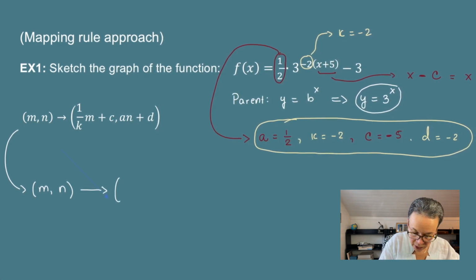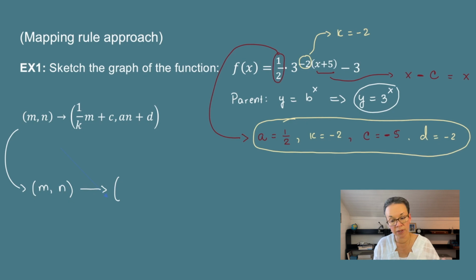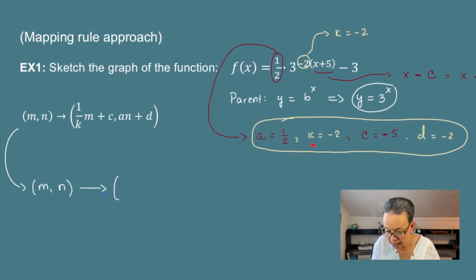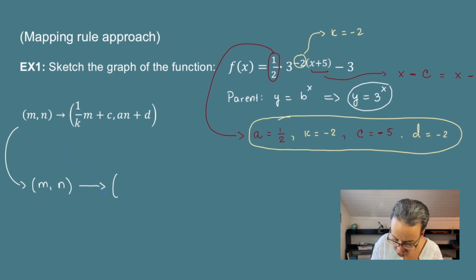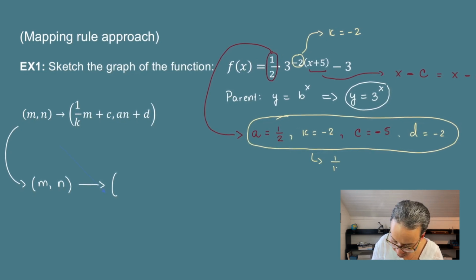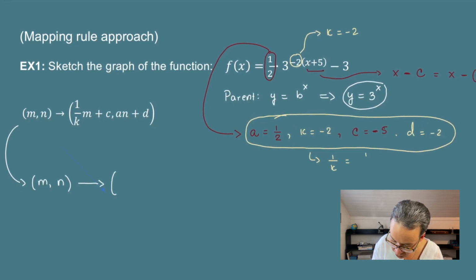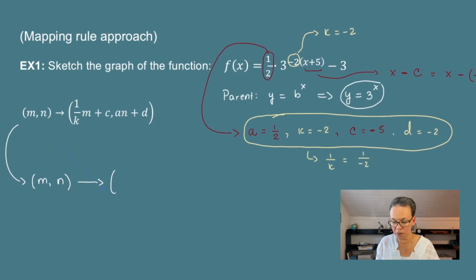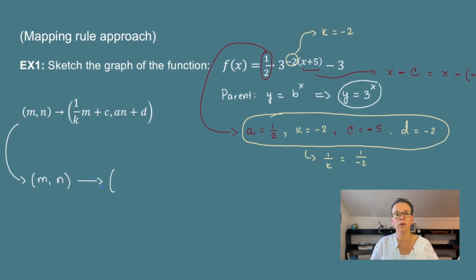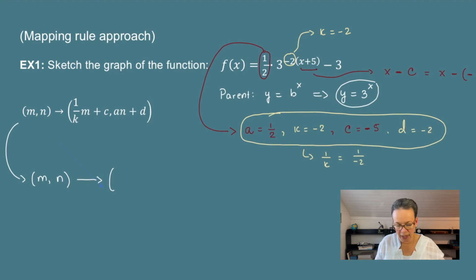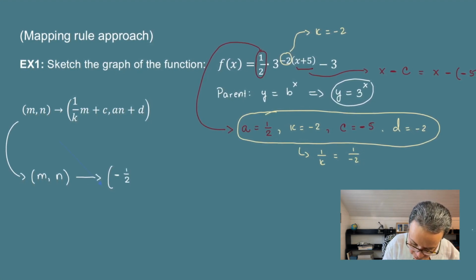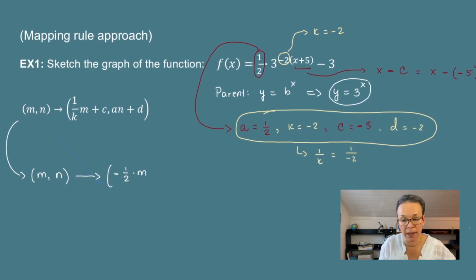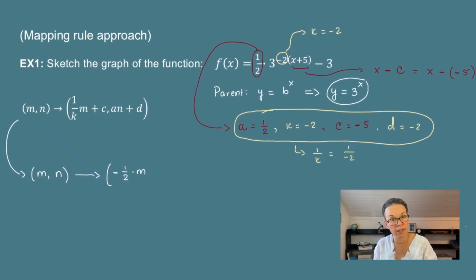We are starting with 1 over k, the reciprocal of k. Now, k is -2. So 1 over k is like having 1 over -2, which simply speaking is -1/2. So I'm going to write here -1 over 2 times m. Now we have plus c.